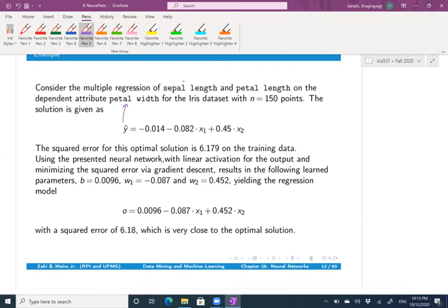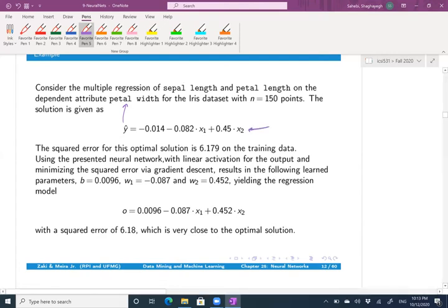If we do linear regression on this data set with 150 points and 2 independent attributes and 1 dependent attribute, which is petal width, then we are going to get this solution.